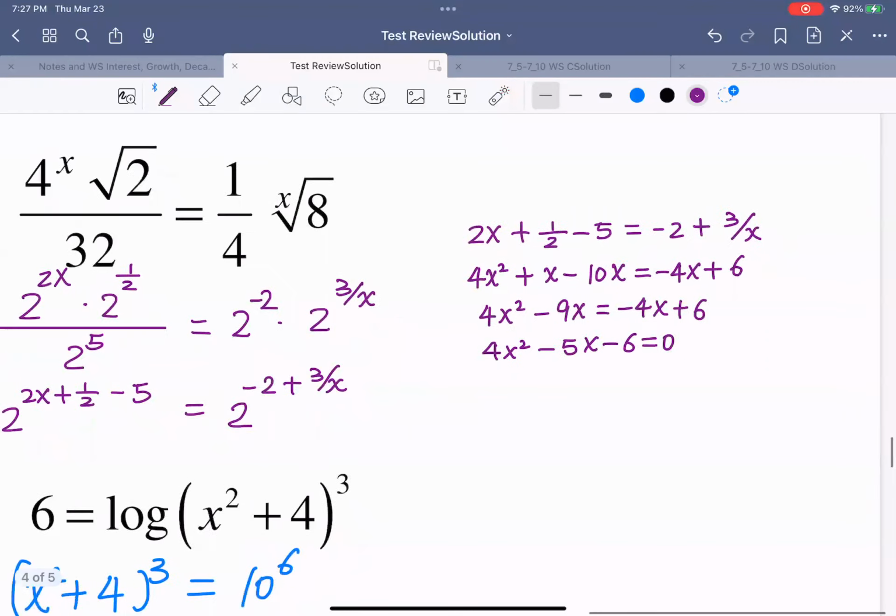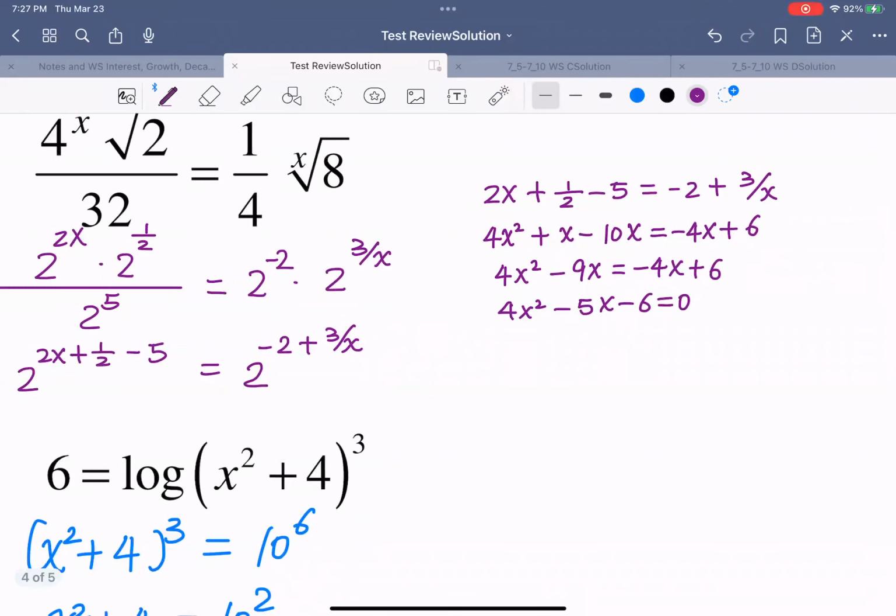okay, let's go ahead and factor. Do you want to do 1 by 4 or 2 by 2? 1 by 4. And then we do 2 by 3.